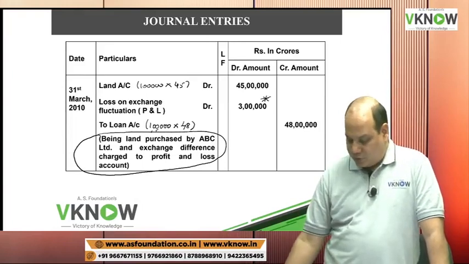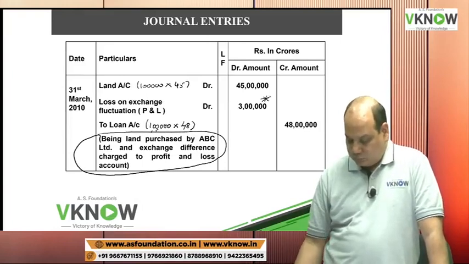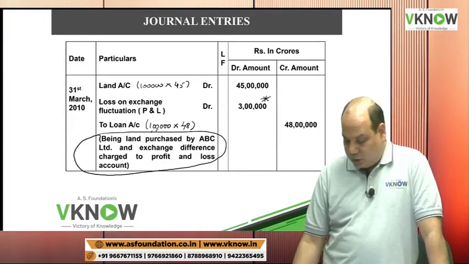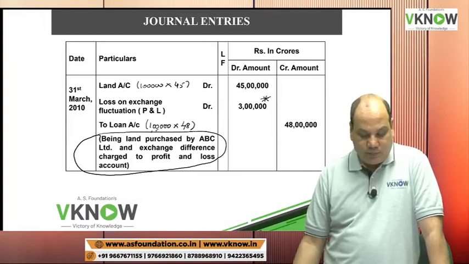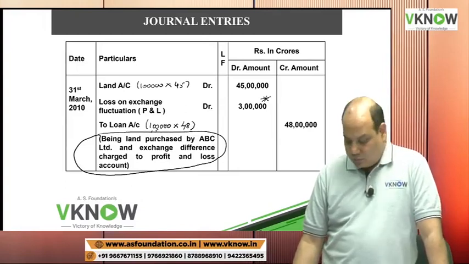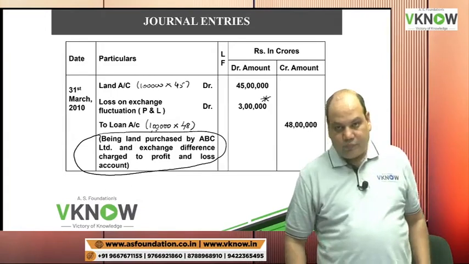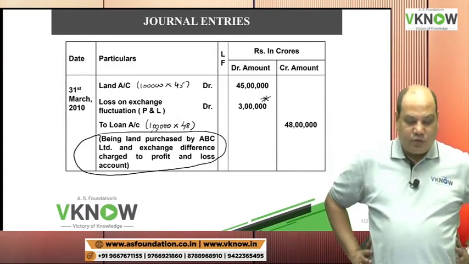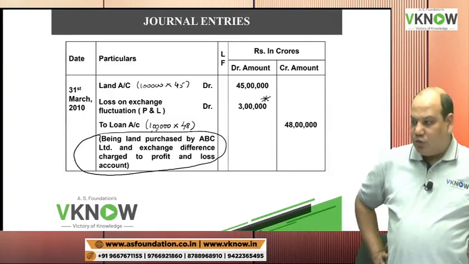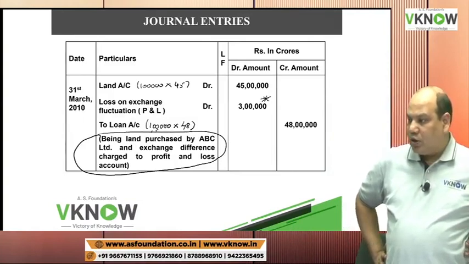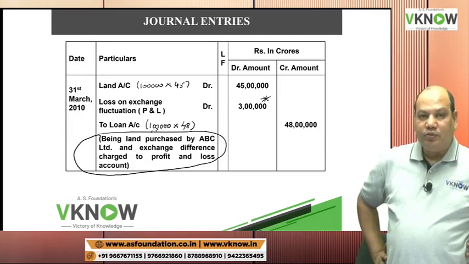Being land purchased by ABC Limited, and exchange difference charged to P&L account. Now see, right now it is integral.